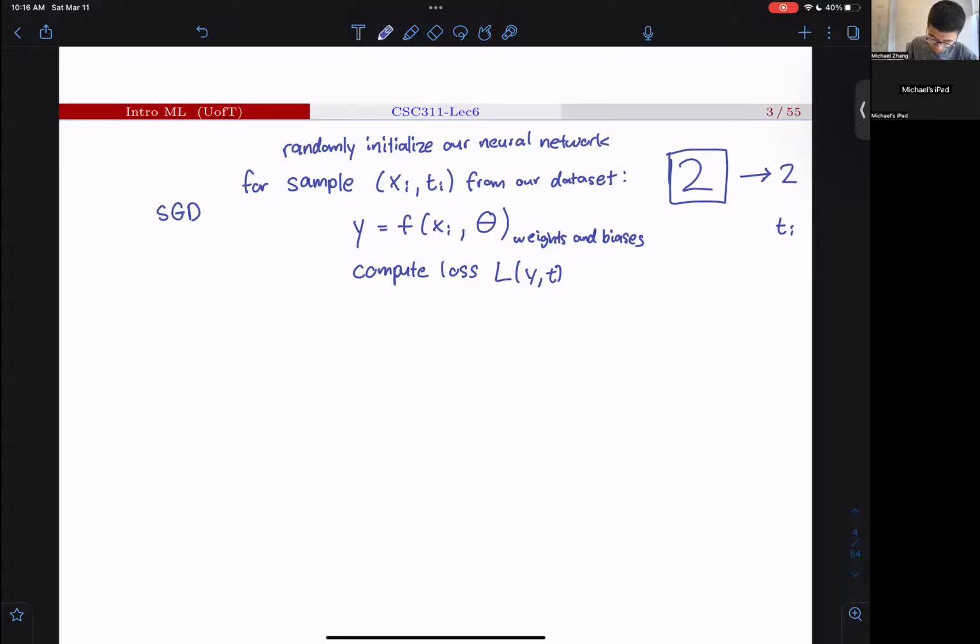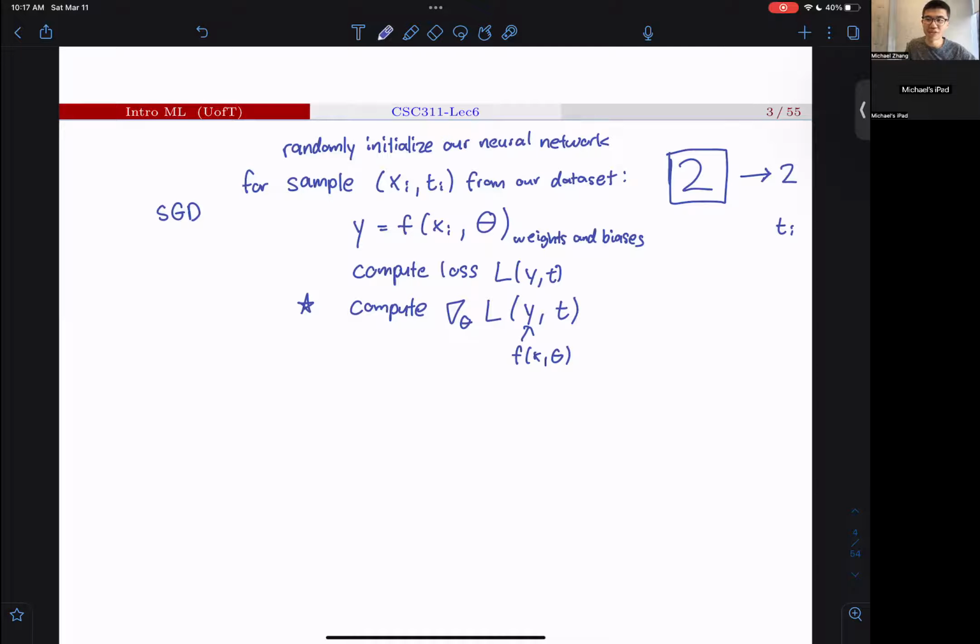So the next step, which is the focus of today's lecture, is compute the gradient of the loss, which is a function of y and t, with respect to theta. So we're trying to figure out how our predictions change. So remember, y is secretly a function of f of x and theta.